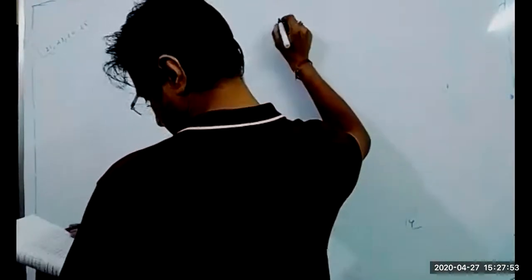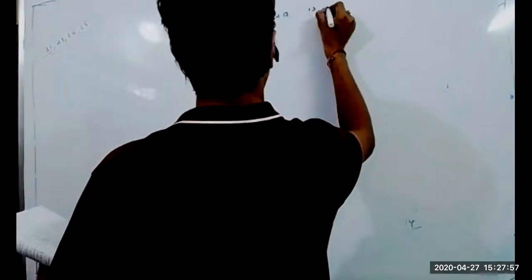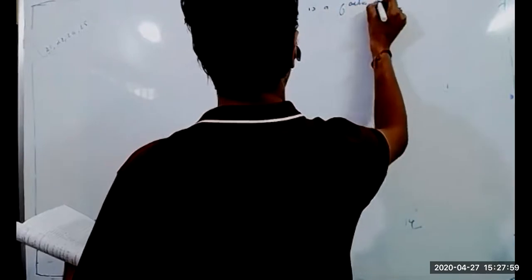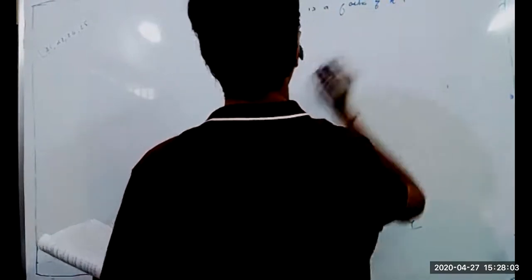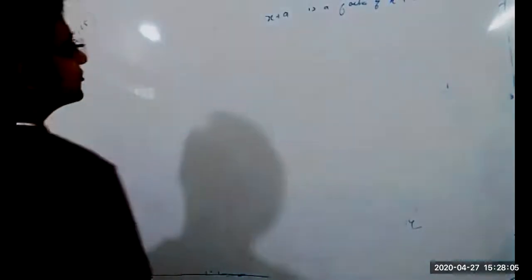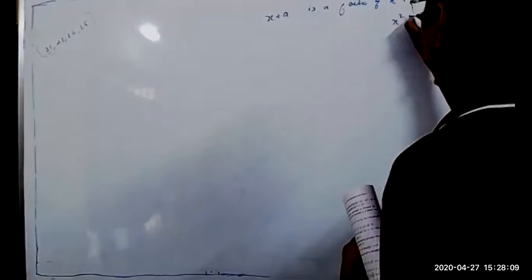Use factor theorem to prove that x plus a is a factor of x^n plus a^n. What do you have to do, Bhanupriya? If I make it x to the power 2 plus a to the power 2, what will you do? What is the process? I just want to understand how you can prove that this is a factor of this.